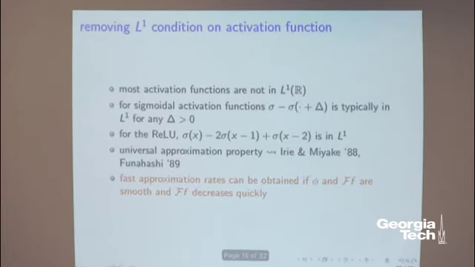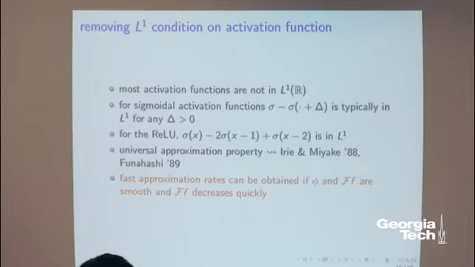But what you can do is, instead of this, you can subtract. You take the activation function at a point and you subtract it by a delay, and that gives you essentially a way to go from shallow networks with sigma to shallow networks where you take this one as activation function. For sigmoidal activation functions which look like this, if you do this operation, you get something which is then in L1, and then you can use the formula from the previous page.